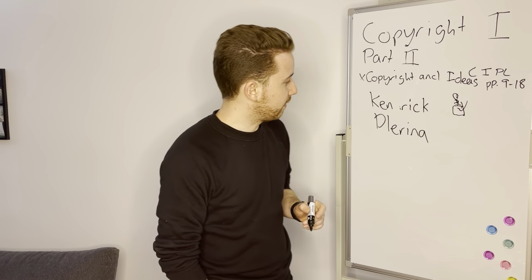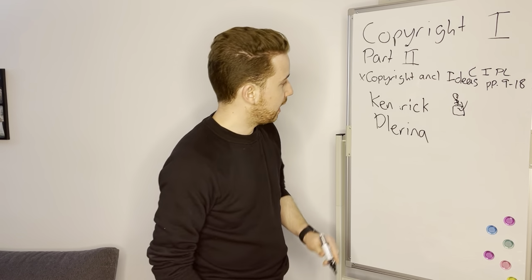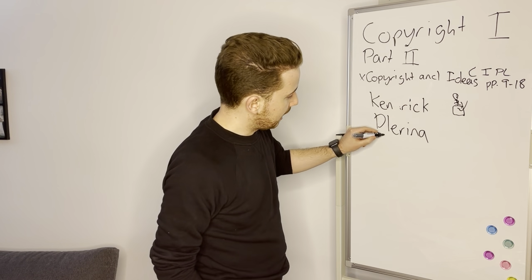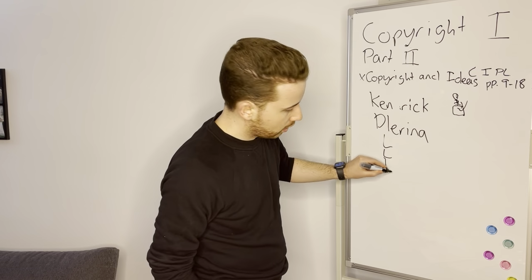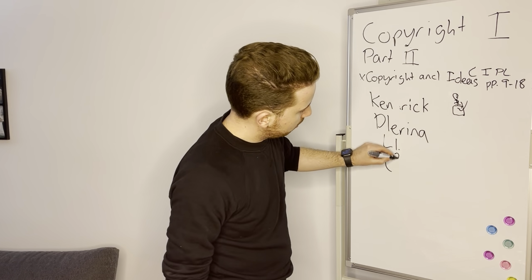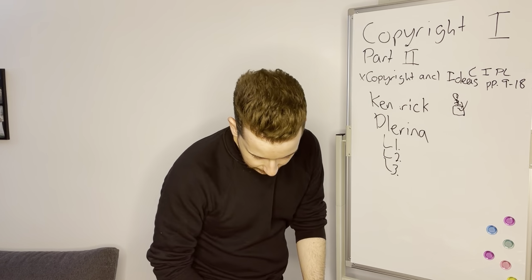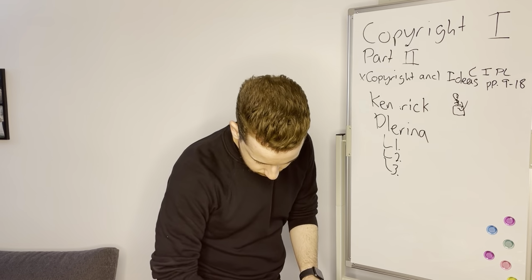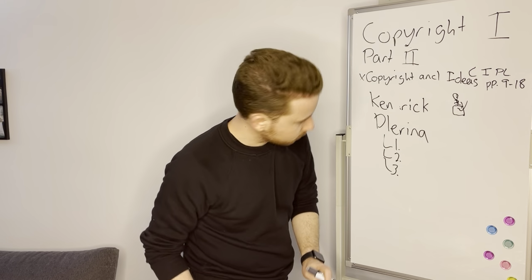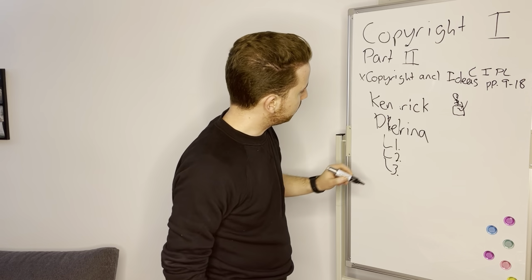Second, we're introduced to this concept of originality, which we're going to see in the next capsule in greater detail. So I'm going to break it down here. Three important things about the Delrina case, and there is a typographical error there.